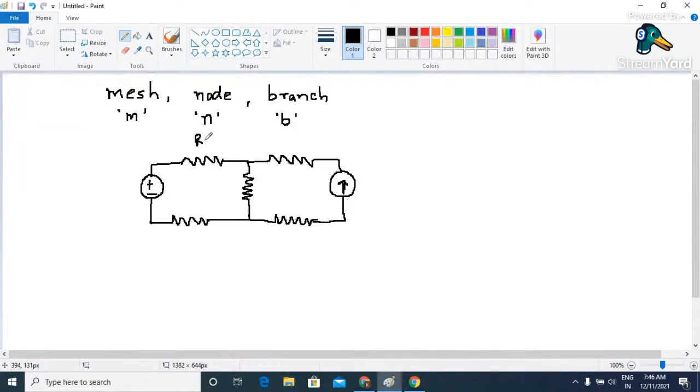Let us consider this is R1, here we have R2, here R3, here R4, and here R5. This is a V and this is an I.